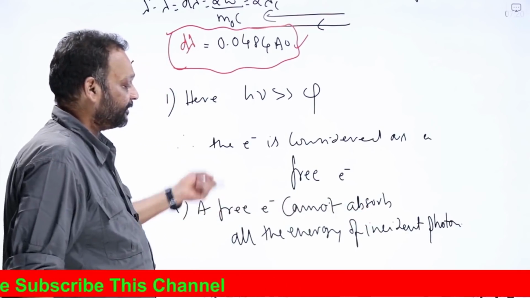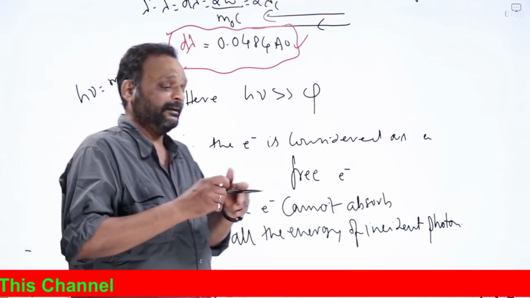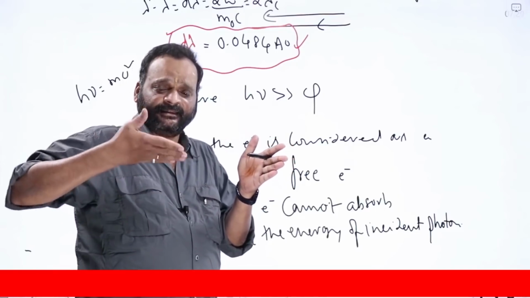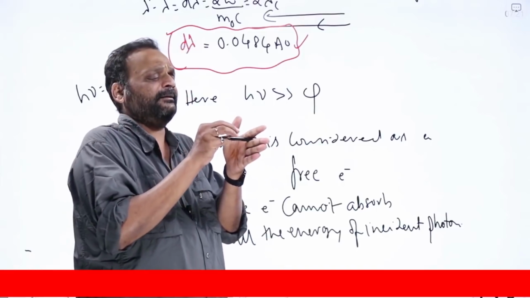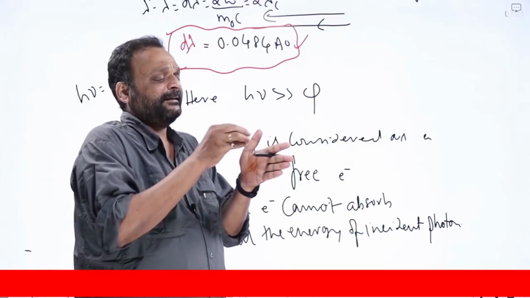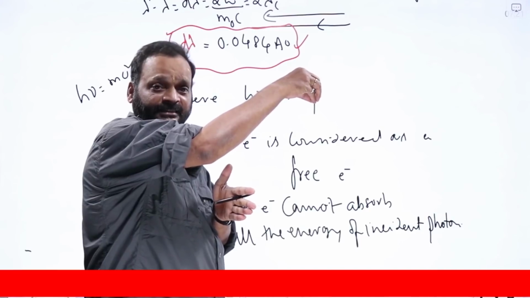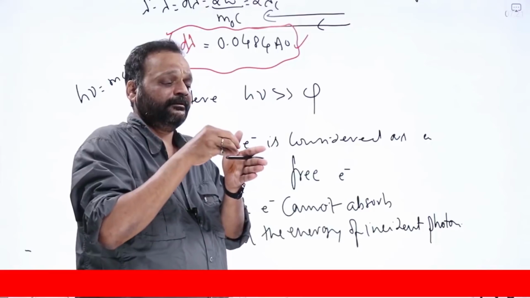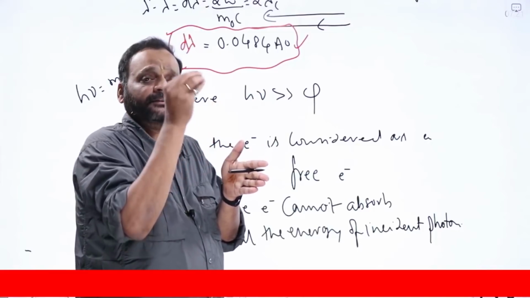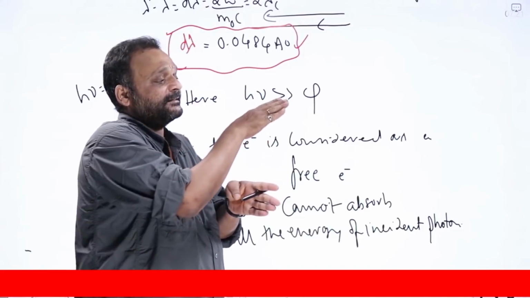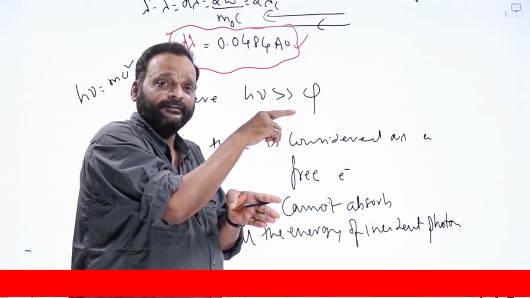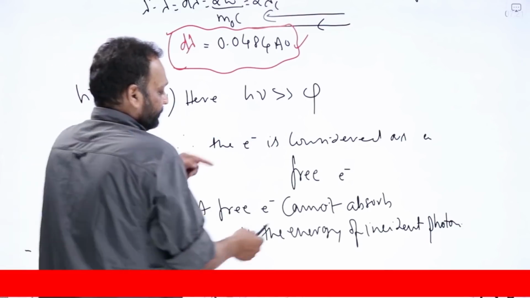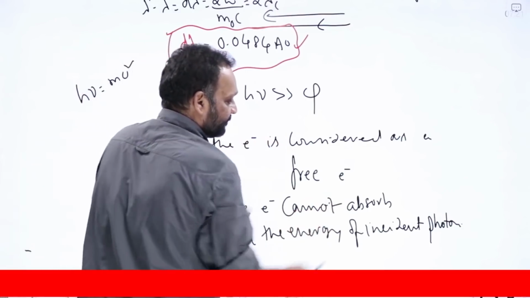When the free electron cannot absorb all the energy of the incident photon, what will happen? Photon is coming and hitting the electron. Our electron cannot absorb the entire energy of this photon. So it will take only a part of the energy and get scattered. The electron takes only a part of the energy and recoils. What happened to our incident photon? The incident photon has lost only a small part of its energy and it gets scattered with lesser energy, lower frequency, longer wavelength. That's how we are getting lambda dash. Now, a free electron cannot absorb all the energy of the incident photon.